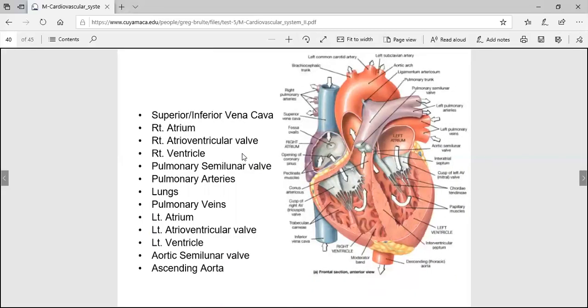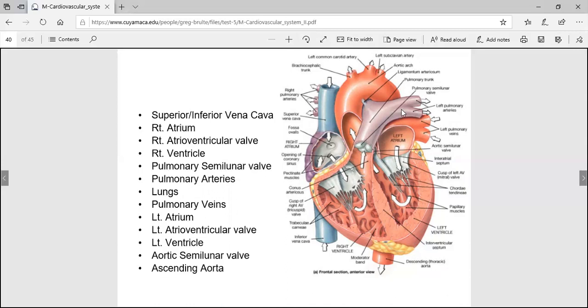That's just your normal blood flow through your heart. Just follow with me. Superior and inferior vena cava empty into the right atrium. You go through the right AV, and now you're in the right ventricle. Now, when the ventricles contract, the blood on this side goes to the lungs through the pulmonary valve.